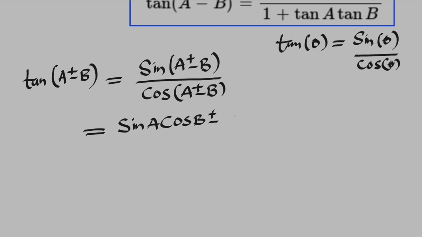Plus or minus, in sine ratio, the sign doesn't change. We have sine of the second angle multiply by cos of the first angle.